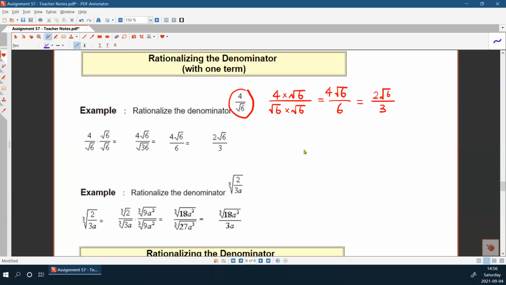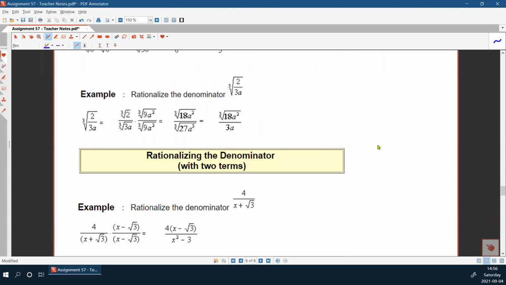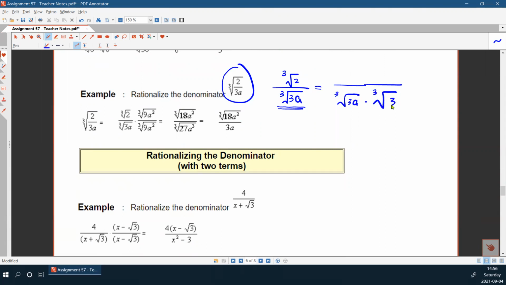Okay, and let's see another example. How about this number? If we want to rationalize this number, it is actually cube root of 2 over cube root of 3a, right? So in order to eliminate the cube root sign here, we need to multiply by the cube root of 3a squared, right?